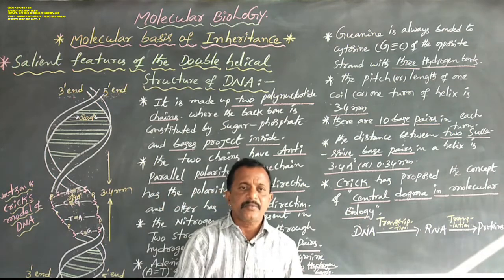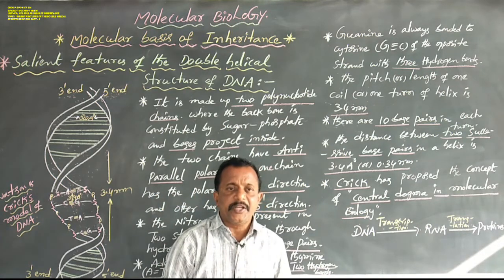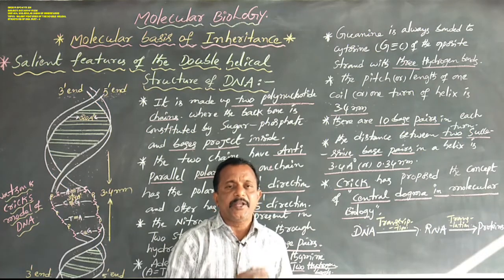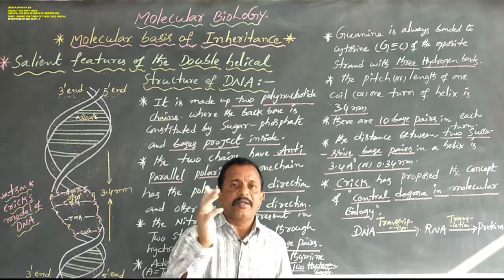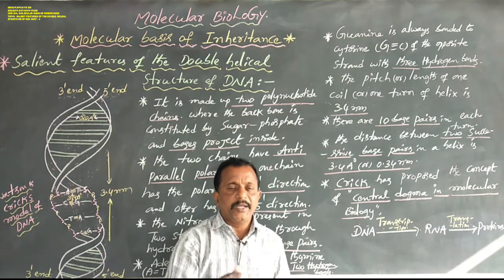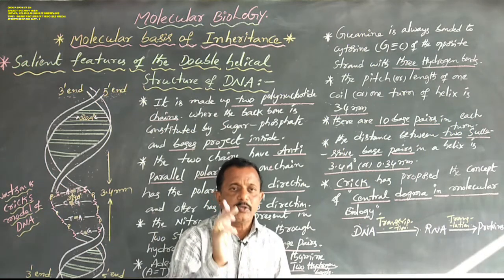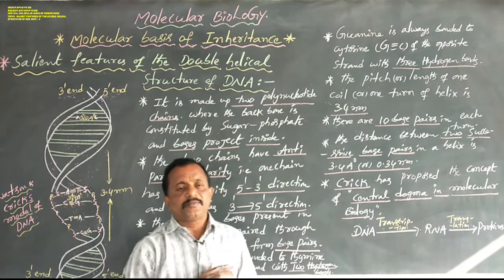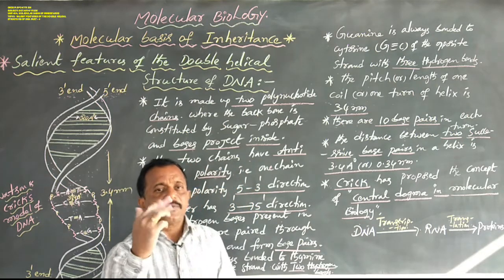In the year 1953, Watson and Crick proposed the double helical structure of the DNA molecule and were then awarded the Nobel Prize. But only Crick proposed the concept of central dogma in molecular biology. What is the concept of central dogma?